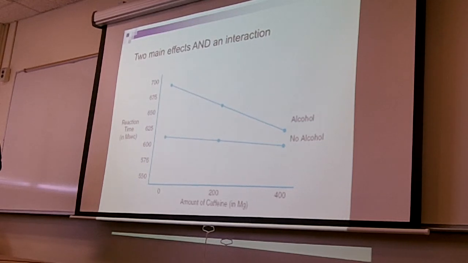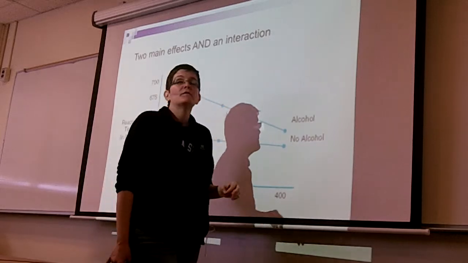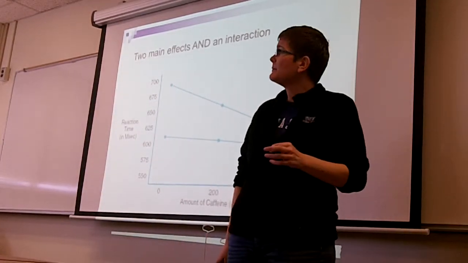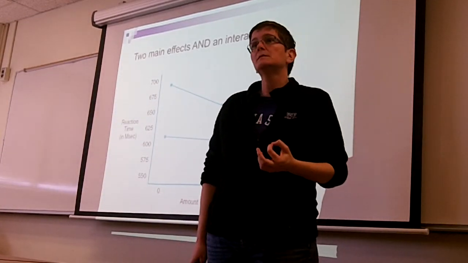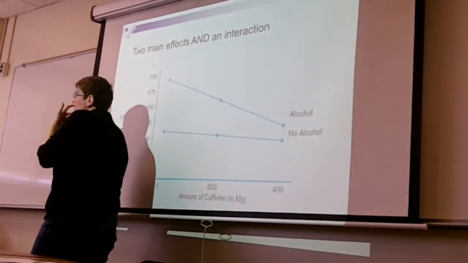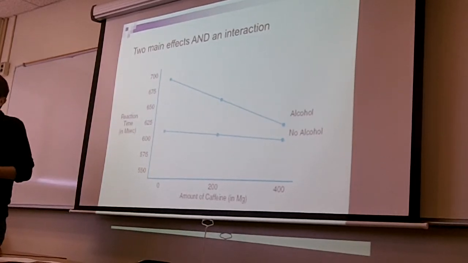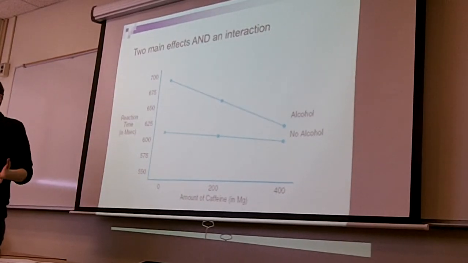Alliteration is a good thing. Okay? In the presence of an interaction, the cues get skewed. And what that means is it's possible that in the presence of an interaction, something that is not a main effect could look like one, because the interaction makes it look like one, because it skews the cues.